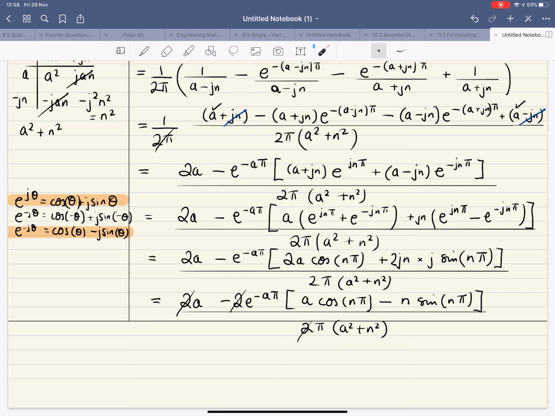Right, now the next thing to think about: cos of multiples of pi is either positive 1 or negative 1. And with this a, that's either going to be plus or minus a. Because if you think about 0 pi, 1 pi, 2 pi, etc. So even pi's, this is the cos, the adjacent axis to the angle.